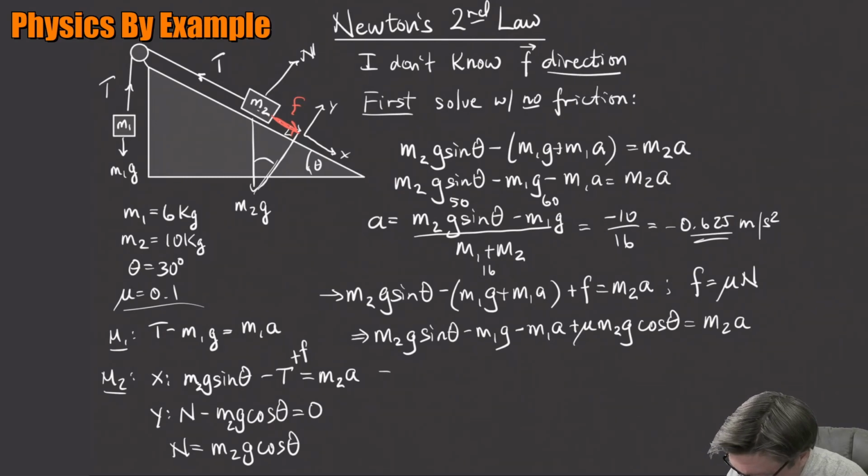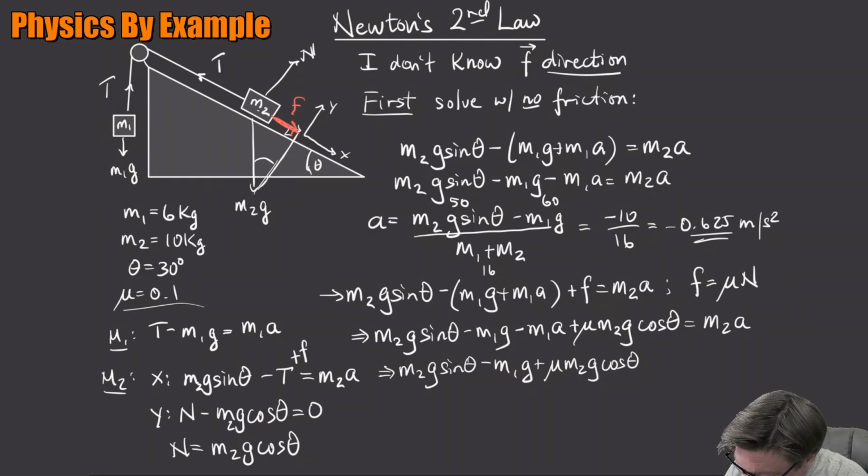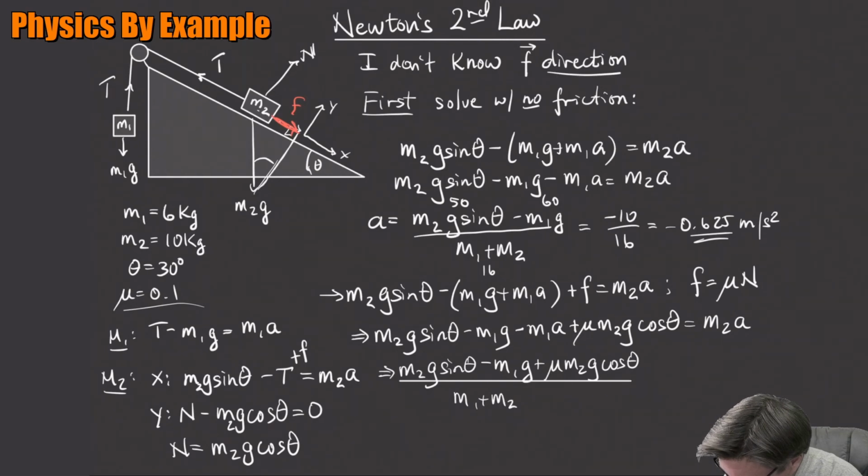This is going to be M2g sine theta minus M1g. I don't even care to simplify it that much, plus mu M2g cosine theta. And then I'm going to divide by M1 plus M2. That equals a. So what is my a? When I finally put all these terms in, what do I get?